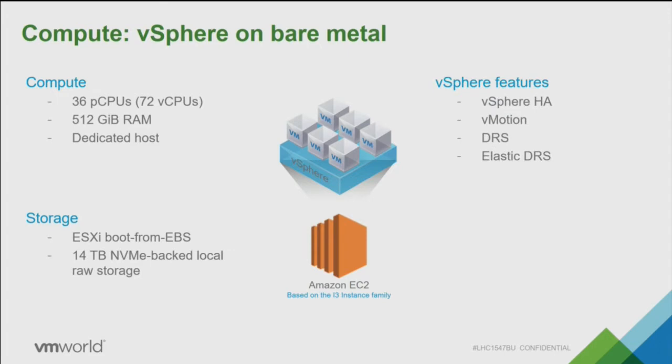And all the vSphere features are there. This is a 6.5 plus version of vSphere that includes HA, vMotion, DRS, and in the future additional features like elastic DRS, which provides the elasticity, kind of like auto scaling for vSphere using hosts.